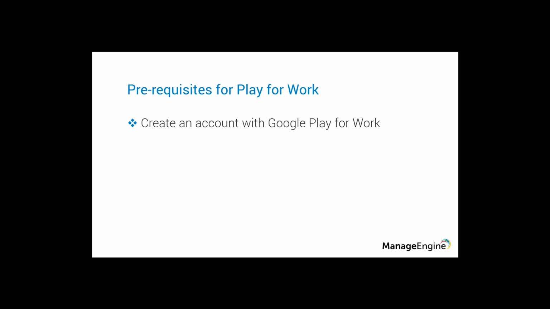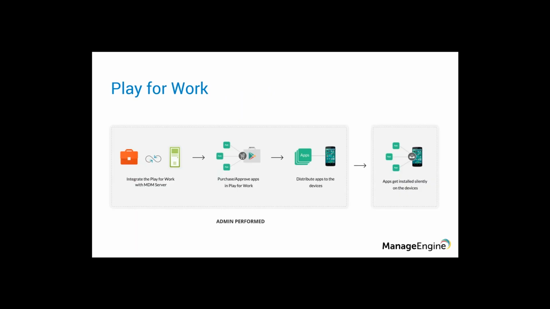Now let's head into Google's paperwork, which they have provided for your Android devices. Google Play for Work also requires certain prerequisites that have to go with. First, you would have to create an account with Google Play for Work. Then, your devices must be running Android 5.0 or above versions in order to use the Play for Work service.